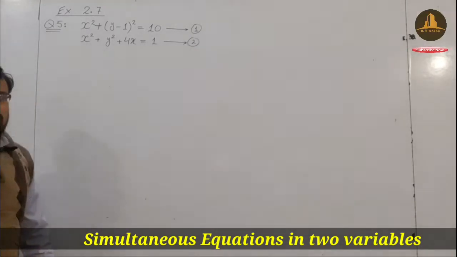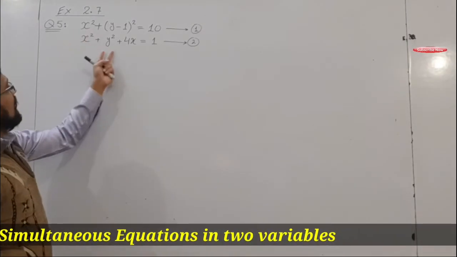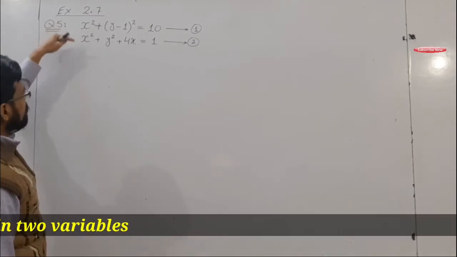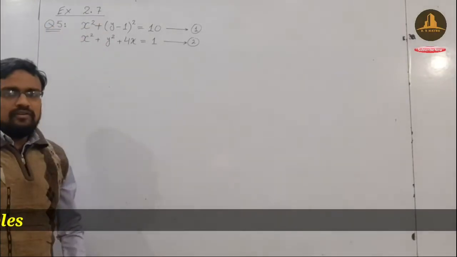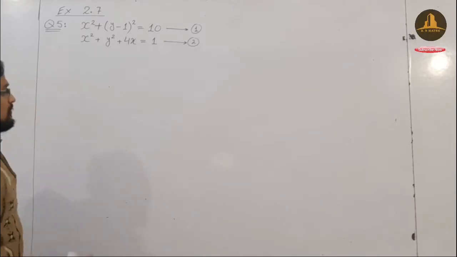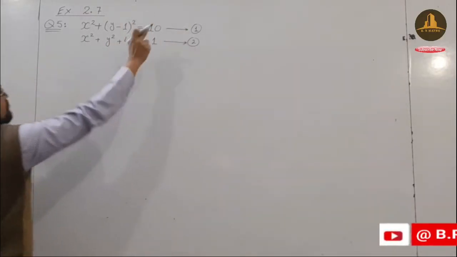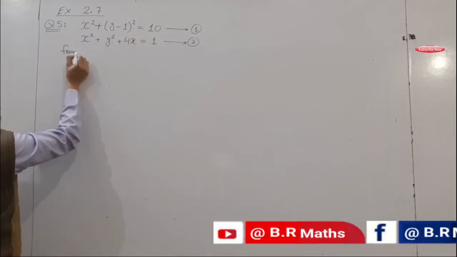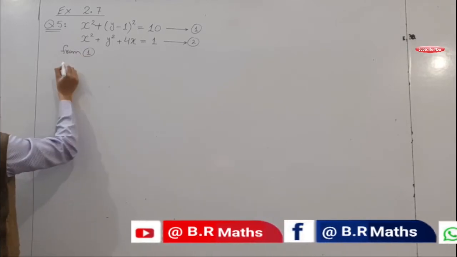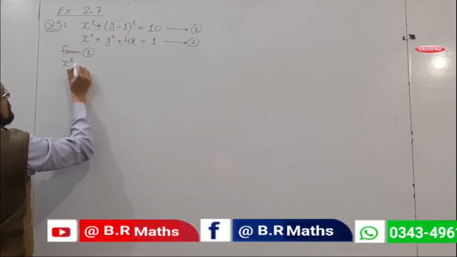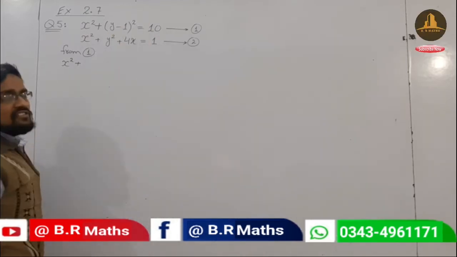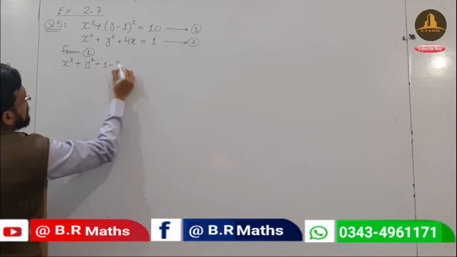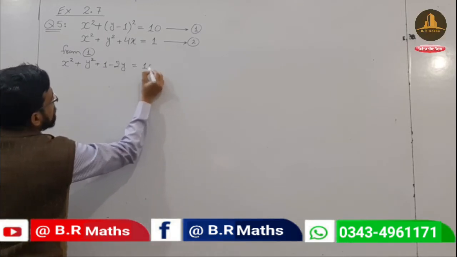Since in these equations both variables have square power, and the coefficient of x square and y square is the same, first, from equation 1, open the square. x square plus (y minus 1) whole square, using (a minus b) whole square, gives x square plus y square plus 1 minus 2y is equal to 10.